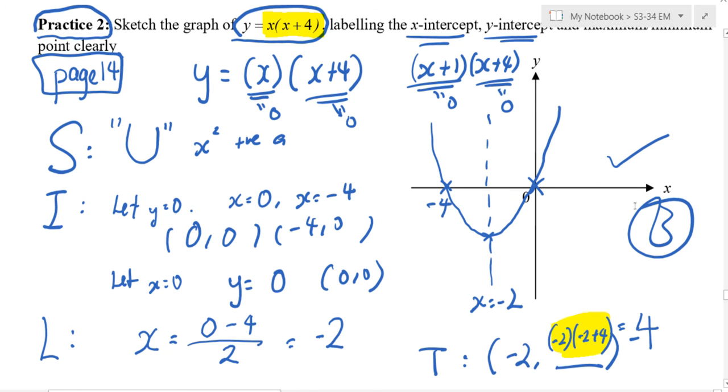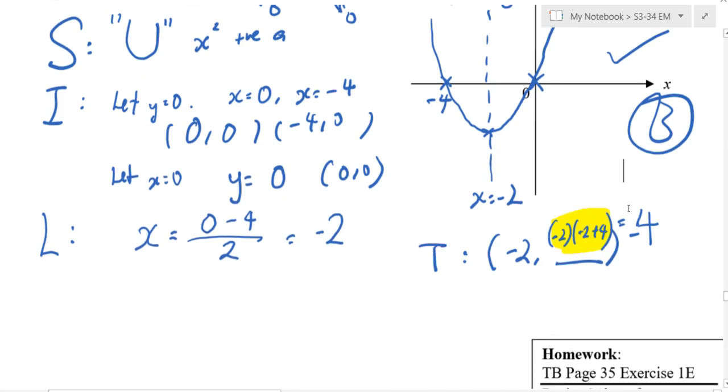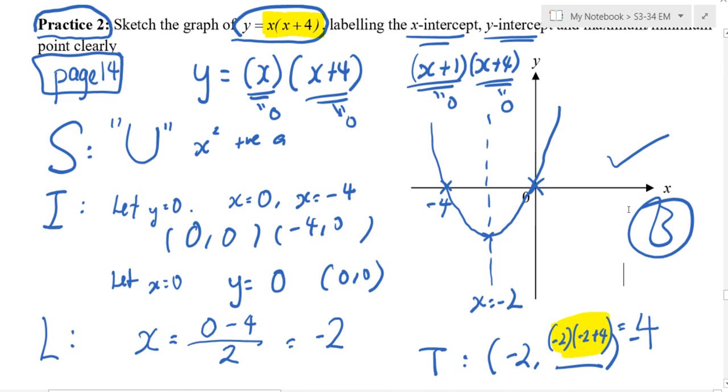Okay, let's go to the next one. Good, Matthew says, where's the point? Please label. Why must label? Because nobody will mark your working.